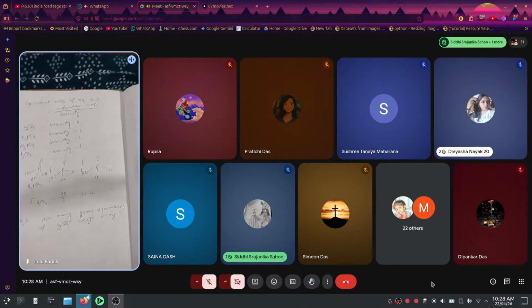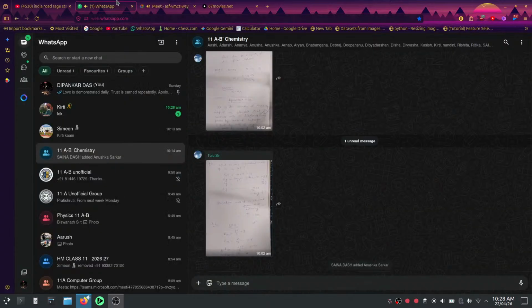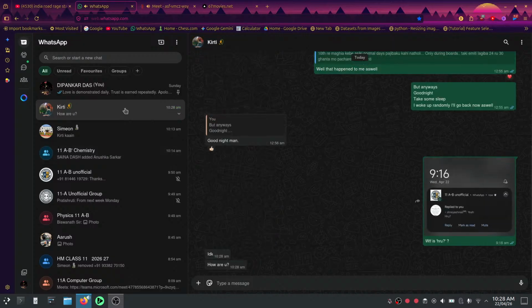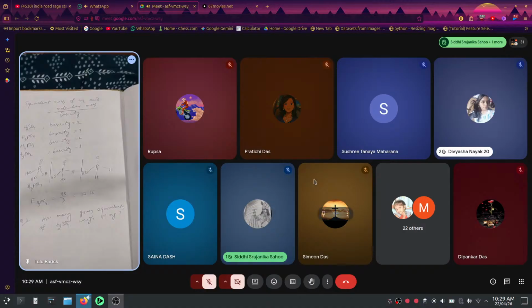And you know the formula: number of gram equivalents is equal to given mass divided by equivalent mass. You can calculate the equivalent mass of sulfuric acid. The given mass must be in grams. It is given in milligrams, so you have to convert it to grams.